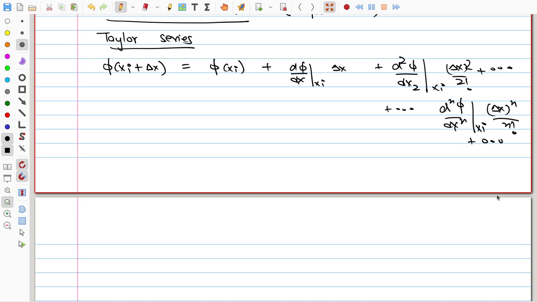So, what it's telling us is that if you have a curve and you have a point xi at which the function value is phi i, and you want to find the value of the function at a point which is slightly to the right, let us say for now, of xi. You can do that.